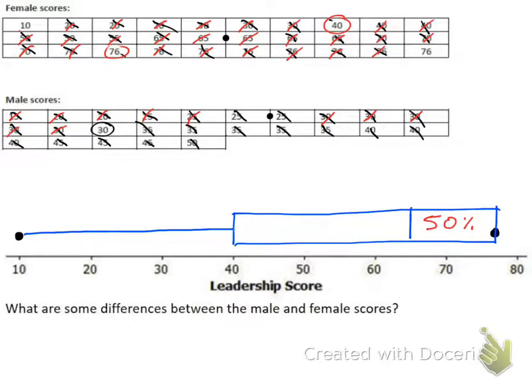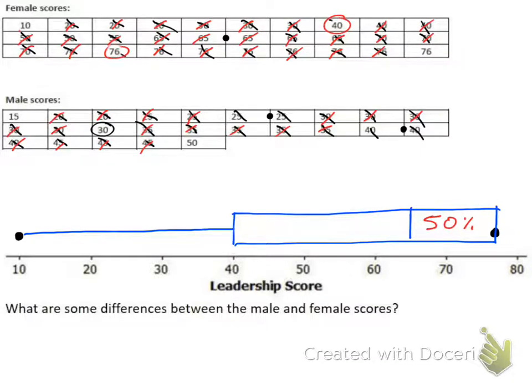And then here, yep, in between those 40s as well. And so when I make my box and whisker, there's my minimum and maximum value. And then I've got 25, 30, and 40.